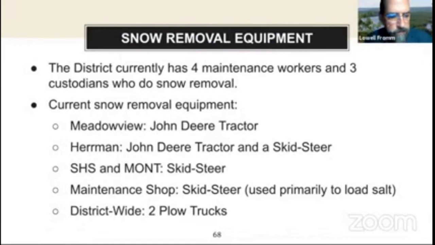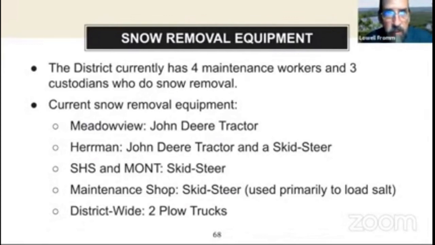Okay, and we talked about the safety involved with loading and unloading these pieces of equipment and moving it from one building to another. That's still an issue, correct? Not with purchasing this John Deere. We basically have John Deeres at nearly every site.